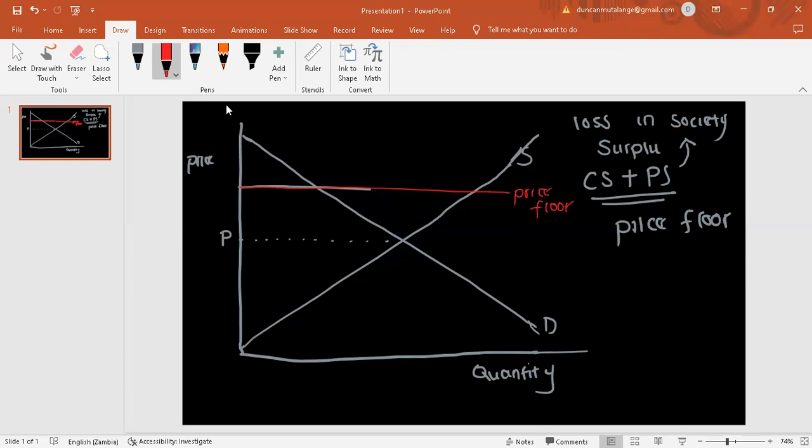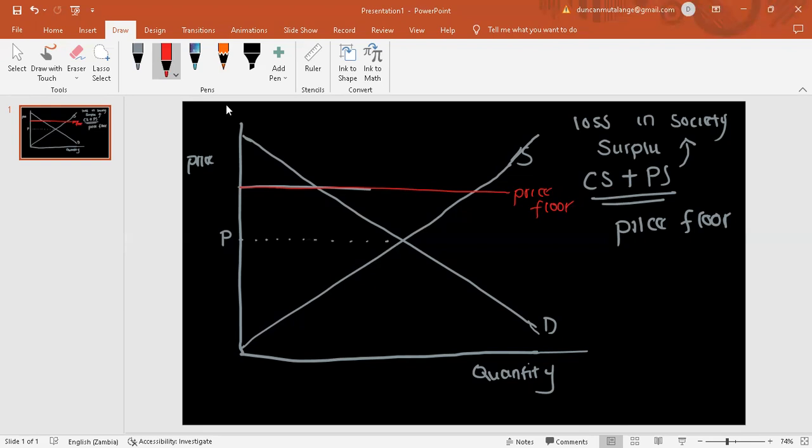Now, I want you to see when the government comes and imposes this price floor, and it is shown here in this red line, our consumer surplus is going to decrease. So what is going to be our consumer surplus? Now, I must emphasize that whenever you're drawing these diagrams, whether the price floor or the price ceiling, when you're drawing the price floor, the quantity that will be produced in that market will be where you consider the demand.